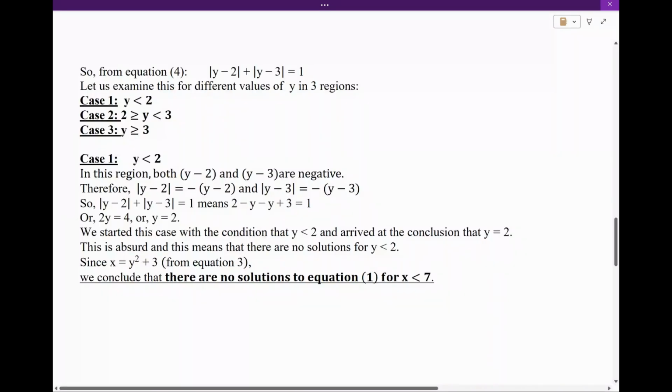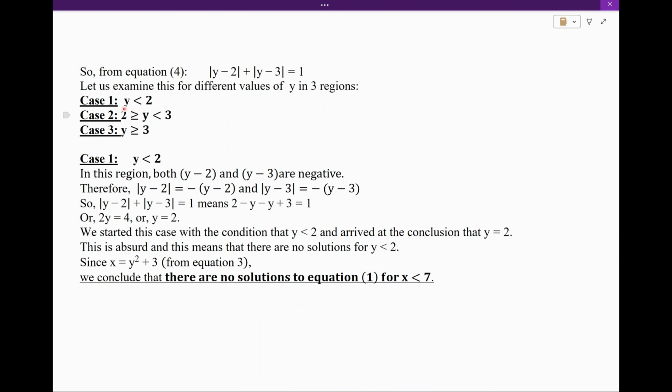Now coming back to the problem, we had found out that magnitude of y minus 2 plus magnitude of y minus 3 is equal to 1. Let us examine this for three different cases.